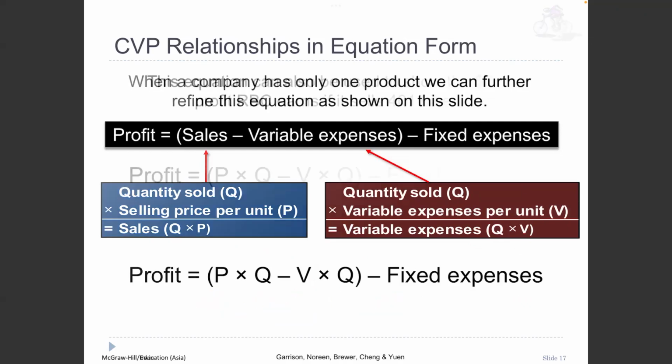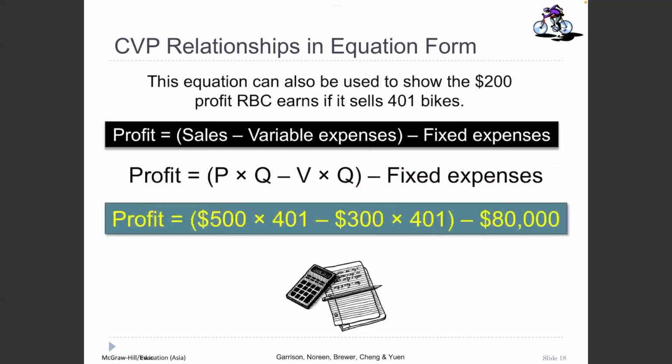This is how you can simplify this formula. You can see here, $500 multiplied with 401, minus 300 times 401, minus 80,000.